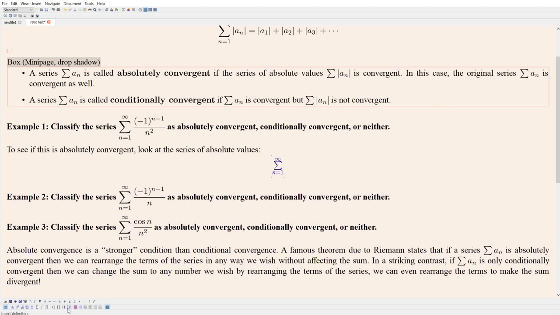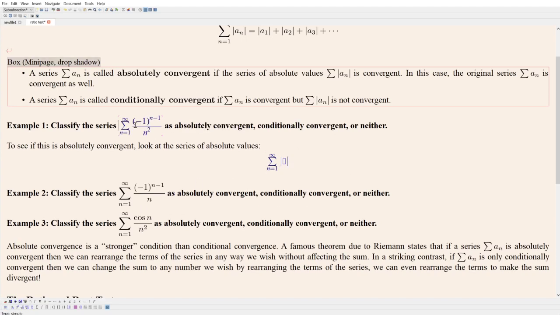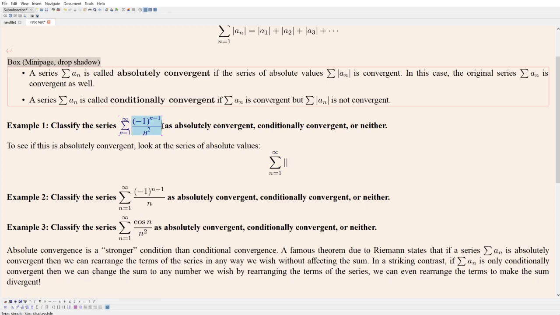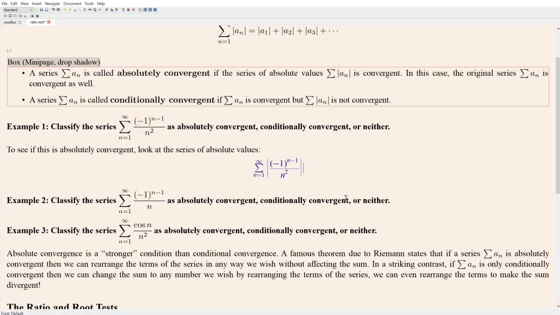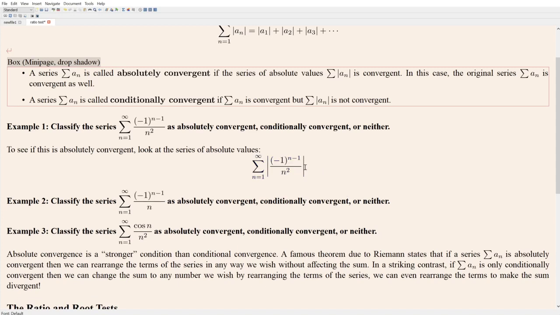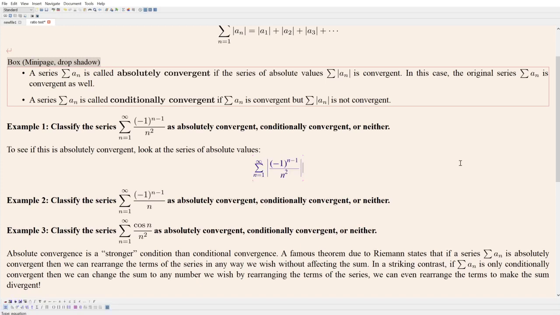So, literally just take the absolute values of all of the terms. And really, the only effect that that's going to have is going to be to kill the alternator, right? Because the alternator, this dude on the top, is what's making the sign change from positive, negative, positive, negative. So if you take the absolute values, that means it's always going to be positive.